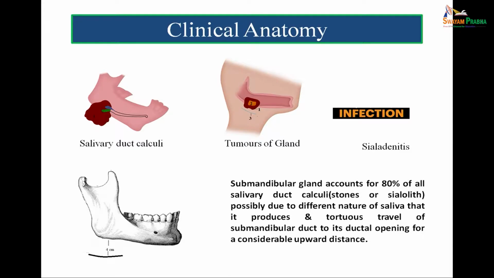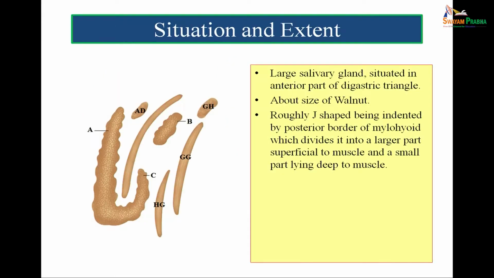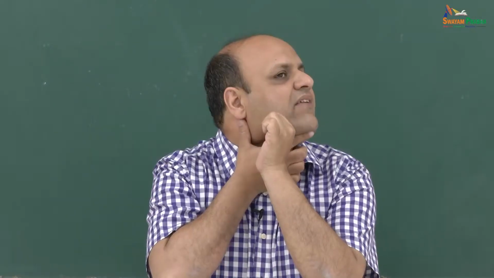Coming to the gross anatomy of the submandibular salivary gland now, the situation and extent. It's a large salivary gland situated in the anterior part of the digastric triangle. So the digastric triangle has the anterior belly of digastric and the posterior belly of digastric. This is roughly the location of my submandibular salivary gland.